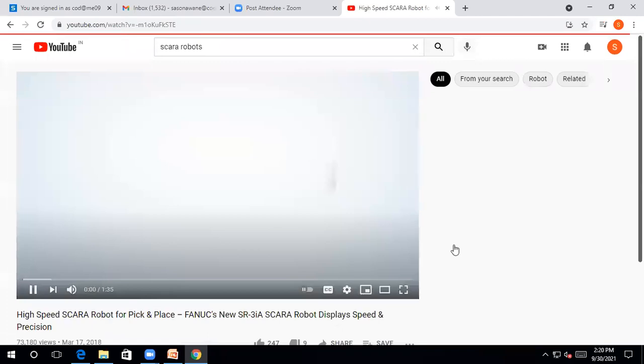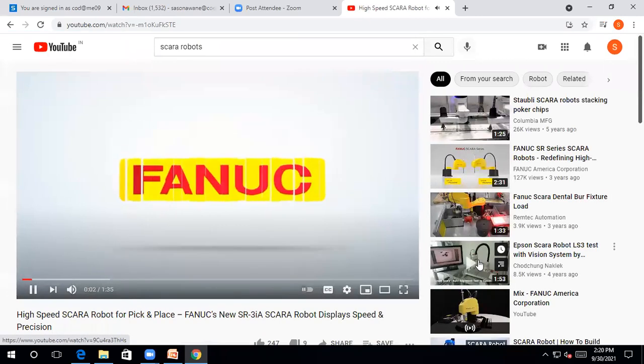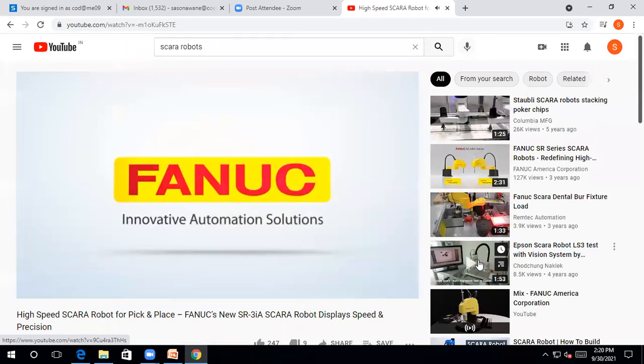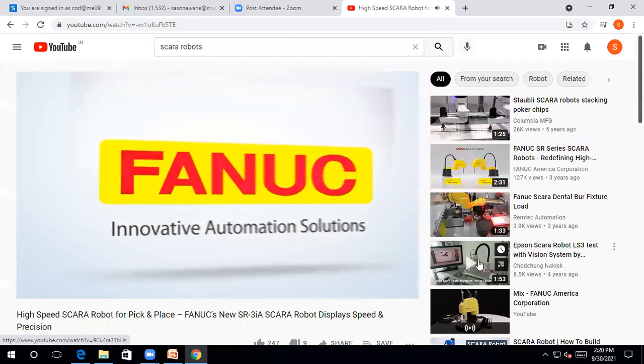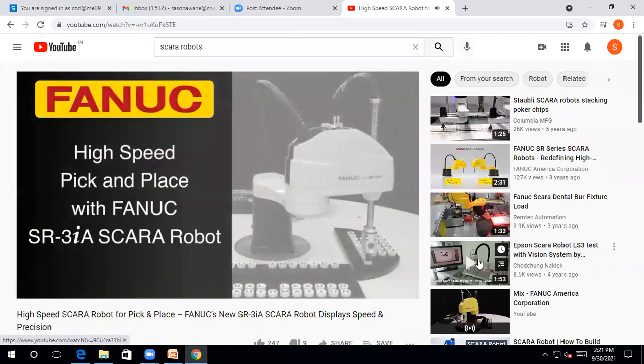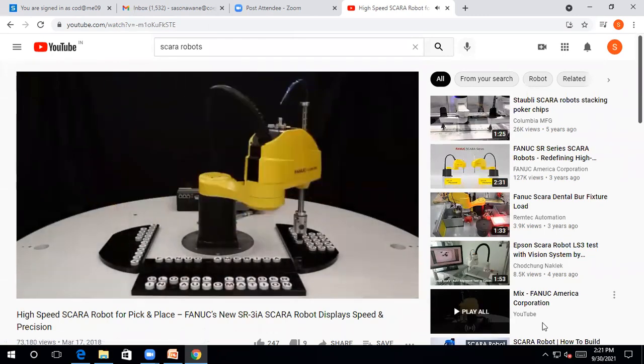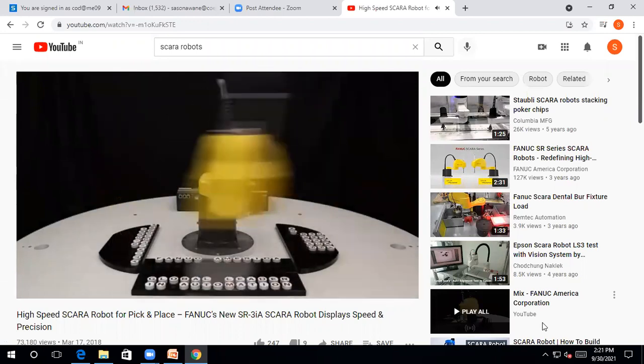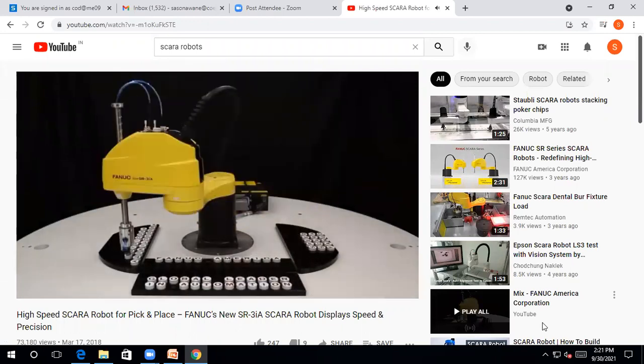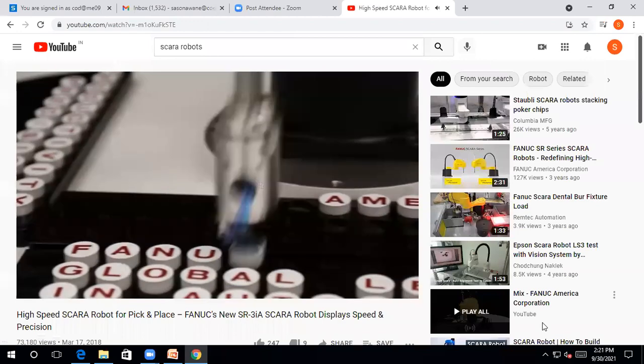We'll see. It is manufactured by Fanuc. High speed pick and place with Fanuc SR3A SCARA robot. See that SCARA robot, how it is picking and placing. See here.